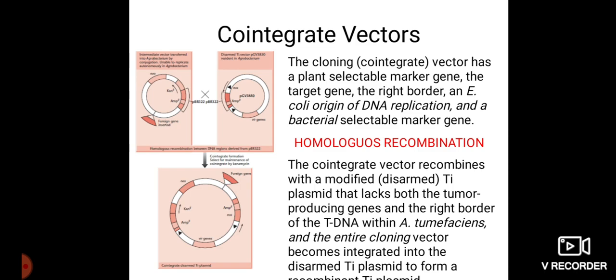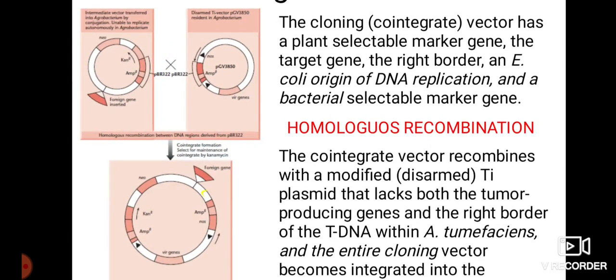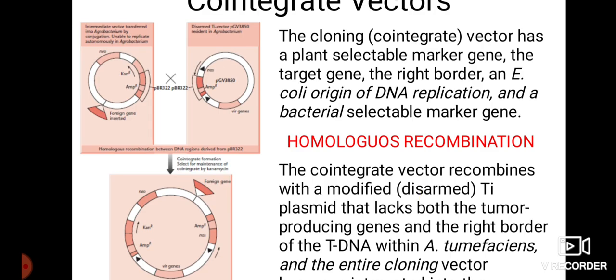Then another type of vector people derived is the co-integrate vector. The co-integrate vector is a cloning vector that has a plant selectable marker gene and a target gene, the right border region, an E. coli origin of DNA replication, and a bacterial selectable marker.